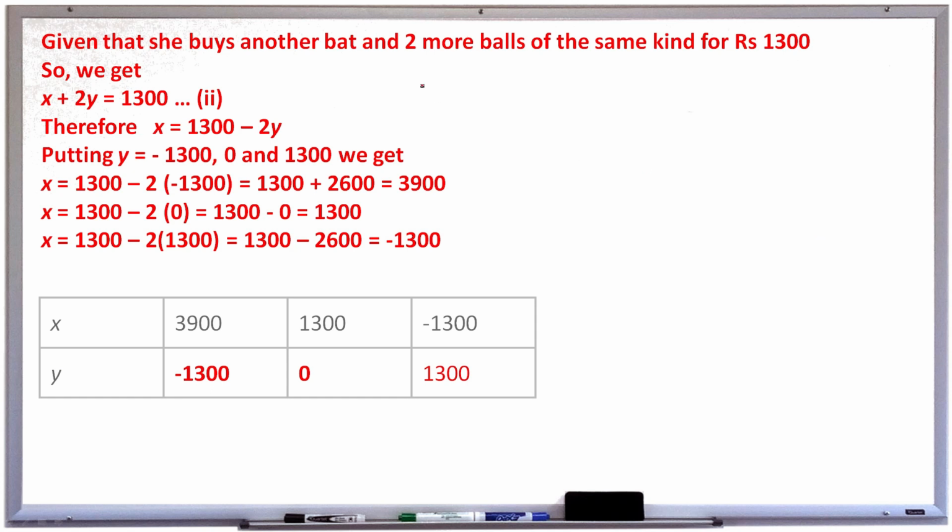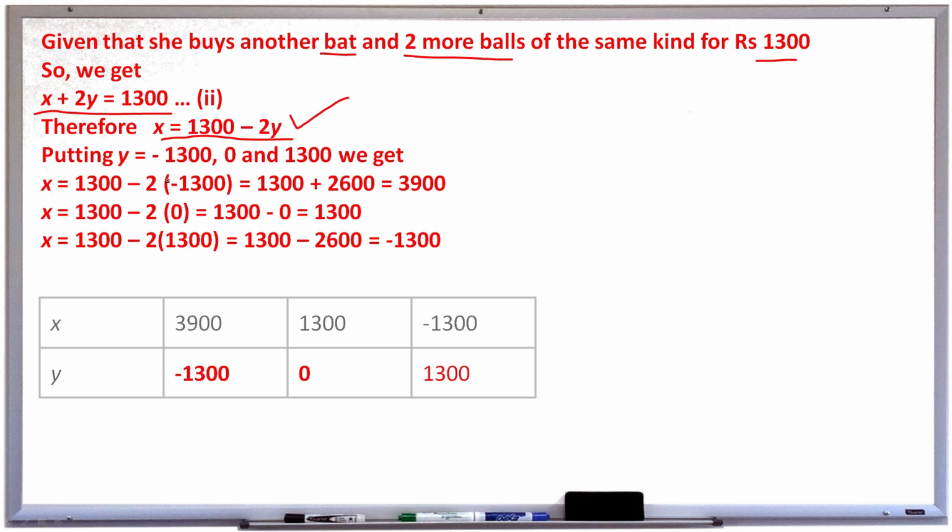Given that he buys another bat and 2 more balls of the same kind for rupees 1,300, as per the sum we can make another equation, x plus 2y is equal to 1,300. So simplifying, x is equal to 1,300, bring down 2y to the right side, it will become minus 2y, you will get another equation.